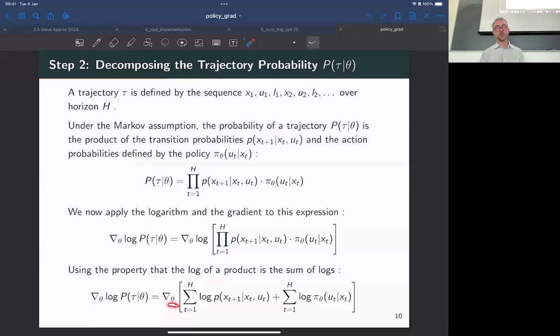What is the gradient with respect to? On theta. The gradient is with respect to theta, and this part here does not depend on theta. And so actually you can just remove it. And so what you're left with is only the gradient of this part, which you know. And that's the basic trick.